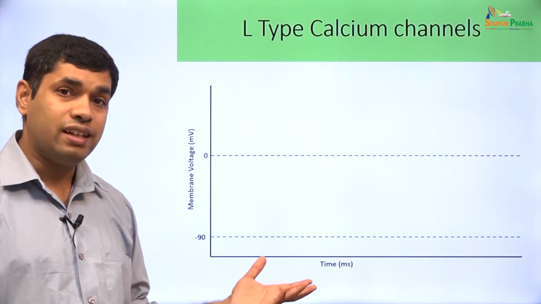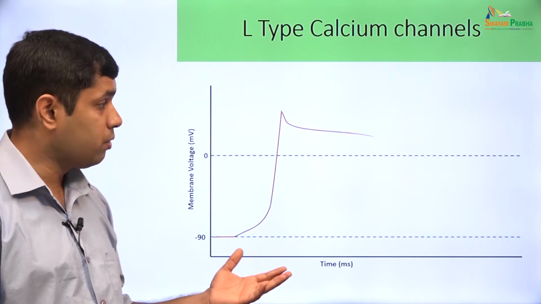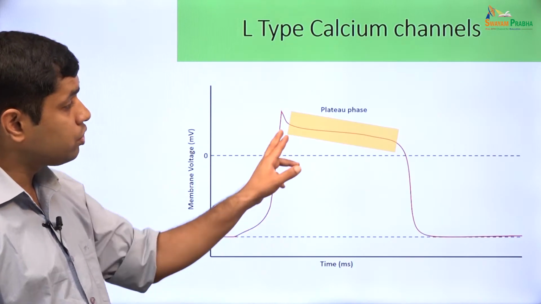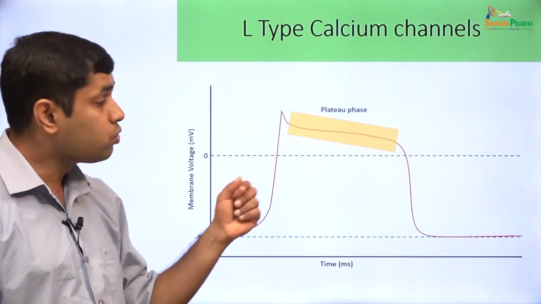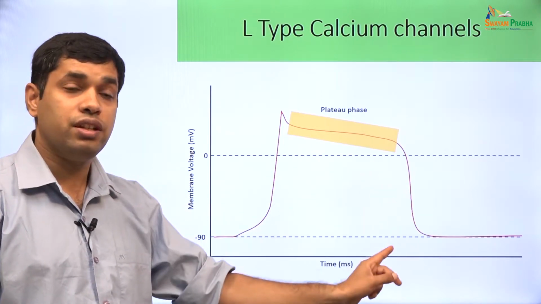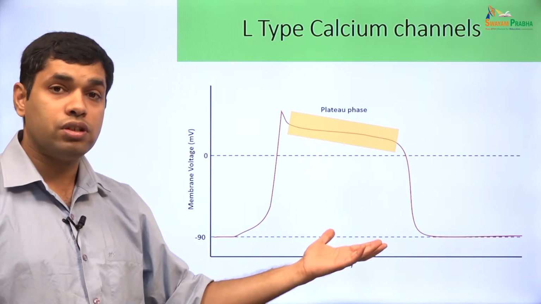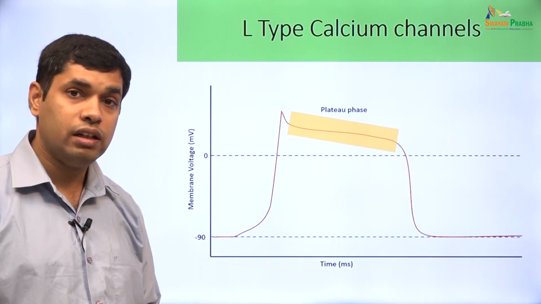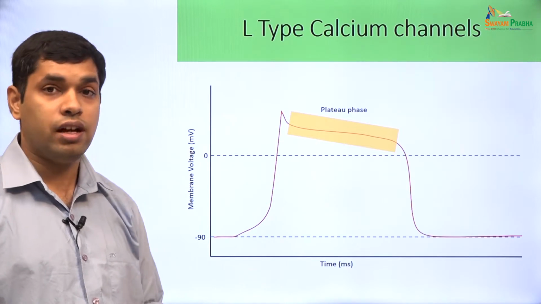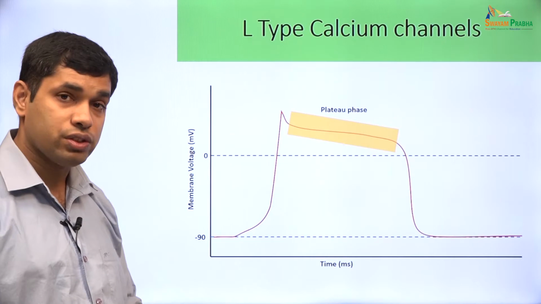The L-type calcium channel is also important in the ventricular action potential in the heart, and this is important for the plateau phase. So opening of this L-type calcium channels prolongs the action potential and generates a plateau of the action potential. So this is an important use of the L-type calcium channel in the cardiac ventricular action potential. You will learn more about this when you discuss the cardiac action potentials.